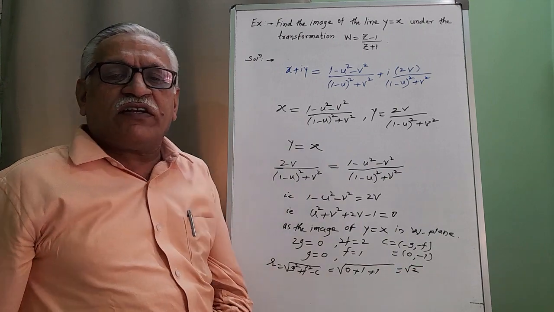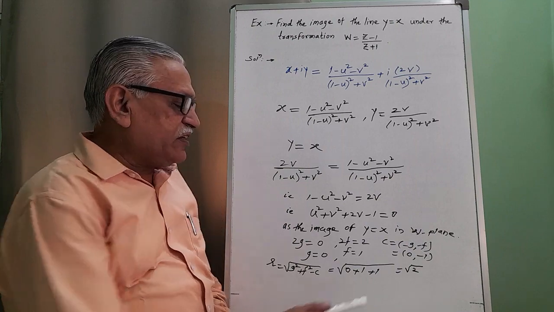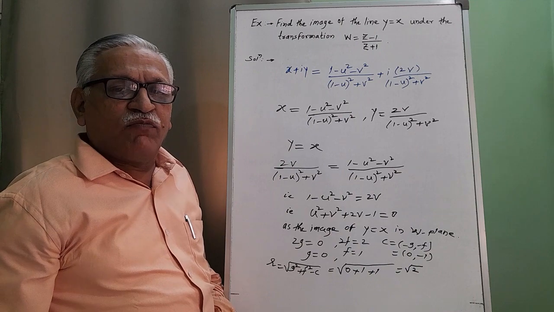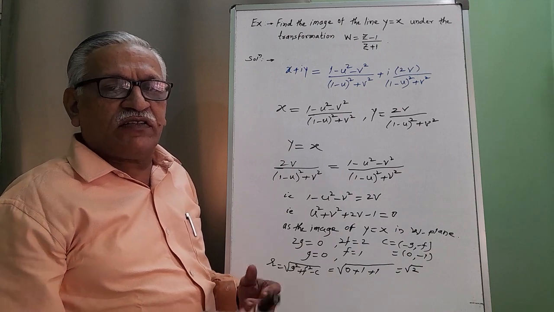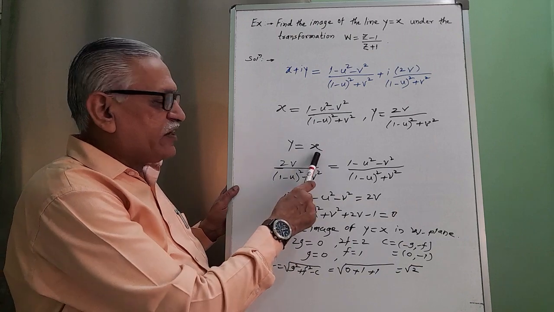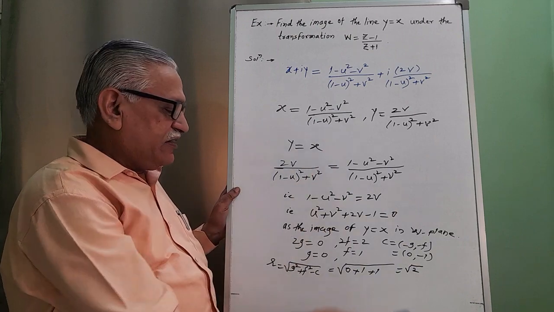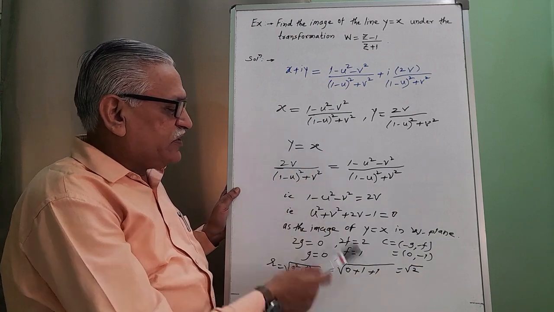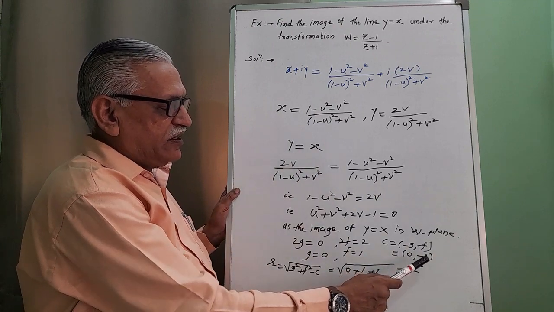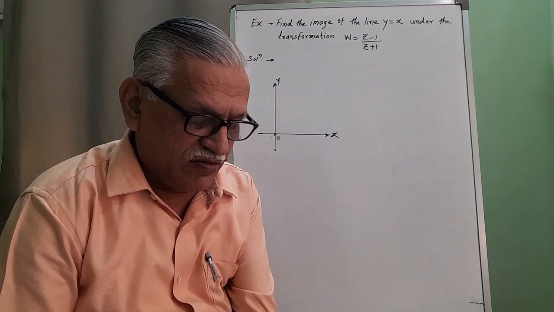Therefore we have to draw that image with the center 0, minus 1 and radius root 2 in the w plane. Therefore I will show those two figures. One is y is equal to x in the z plane, and another figure, that is the image of this line in the w plane with this center and radius as root 2.